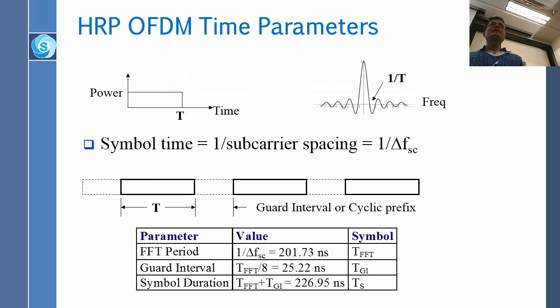By the way, if we increase T to infinity, what will happen on this side? It will be a constant function. And what will happen on this side? This will become an impulse, because as you increase T, this will become narrower, narrower, narrower, and it will become an impulse. An impulse in the frequency domain is a unit function in the time domain, and an impulse in the time domain is a unit function in the frequency domain, and vice versa.